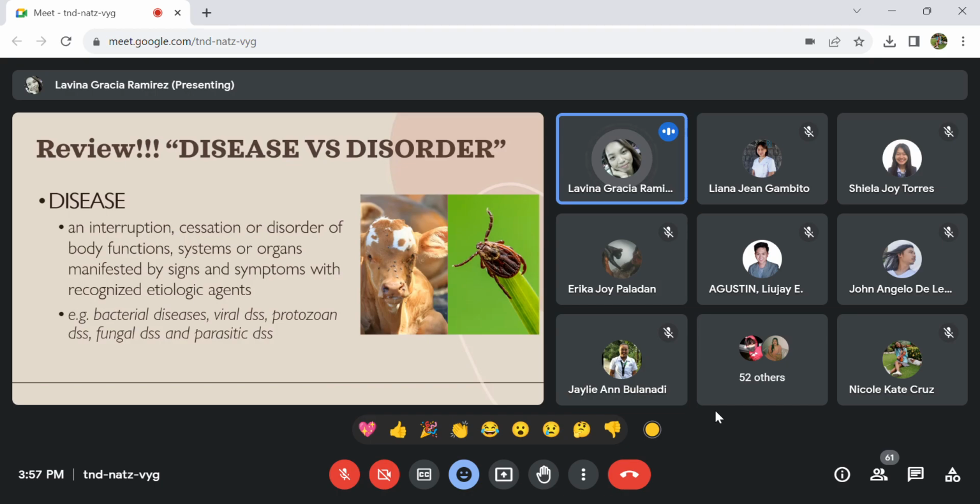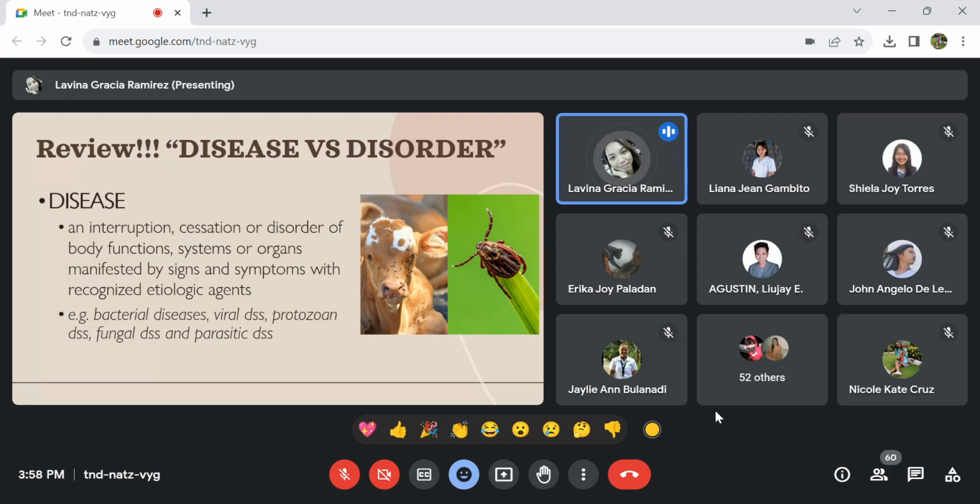Okay, so just to review, what is a disease versus a disorder? Since this is applicable to ruminant medicine, if we talk about disease, you already know about this. It is any interruption or cessation of a physiologic activity of the body, whether in a system or an organ, that could be manifested or sometimes non-manifested if it is subclinical.